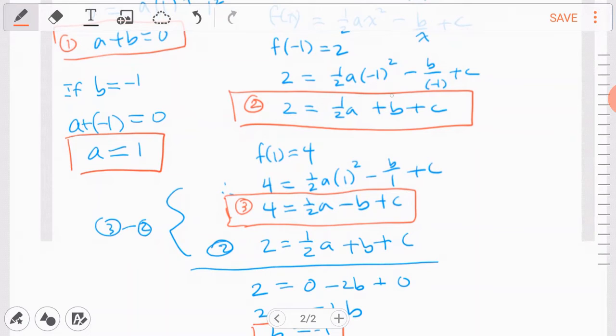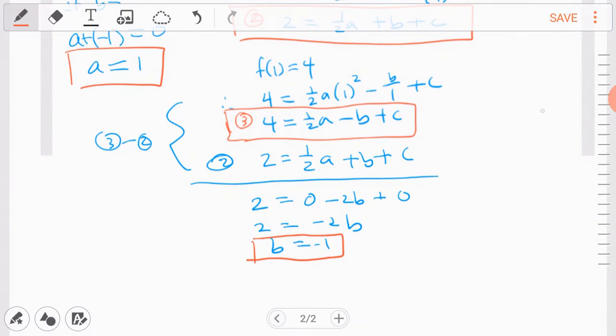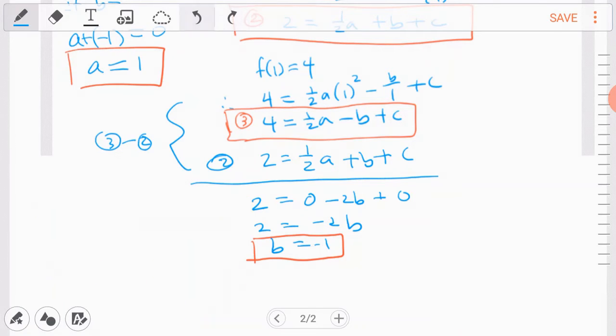And now we can just substitute these values into either one of these two equations to find the value of c. I'm just going to use equation 3 because it's easier to see right here. We get 4 is equal to 1 over 2 times a, which is 1, minus b, which is negative 1, plus c.